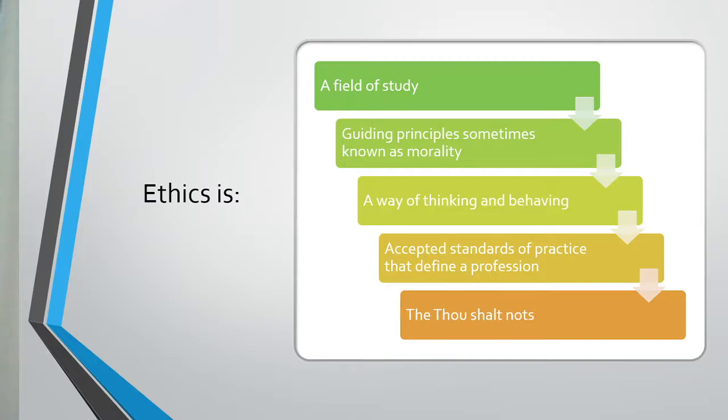As a way of thinking and behaving, if I am looking to do the right thing, and I encourage that, I'm not always successful. Sometimes I do the wrong thing for the right reasons, and sometimes I do the right thing for the wrong reasons.